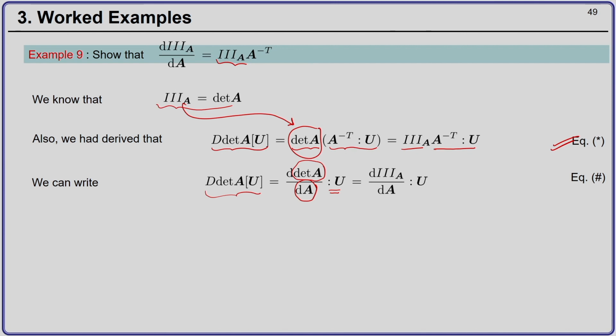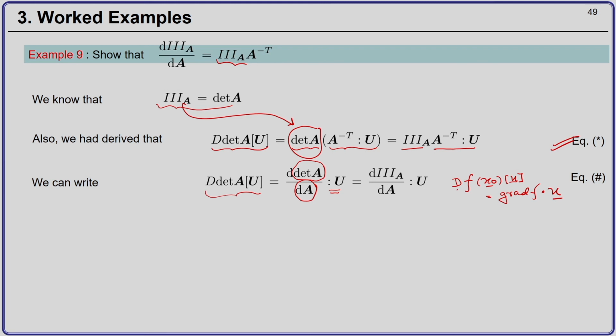This has parallels with how we compute the gradient. If you remember, the directional derivative of a scalar function at x0 in the direction u was nothing but the gradient of the function dotted with u.